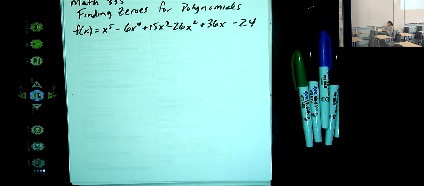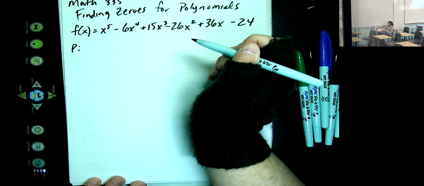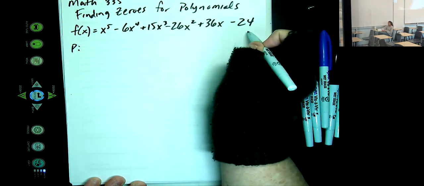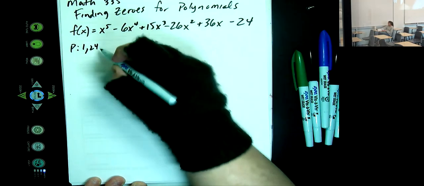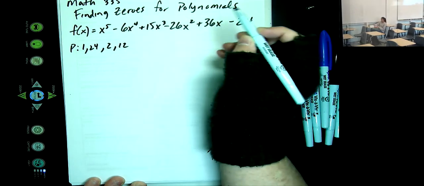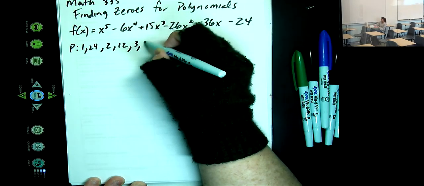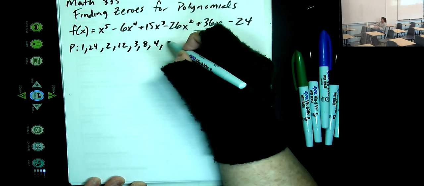Well, my P is factors of 24. Numbers that go together with 24: 1 and 24 go together to make 24. 2 and 12 go together to make 24. 3 and 8 go together to make 24. And 4 and 6 go together to make 24.